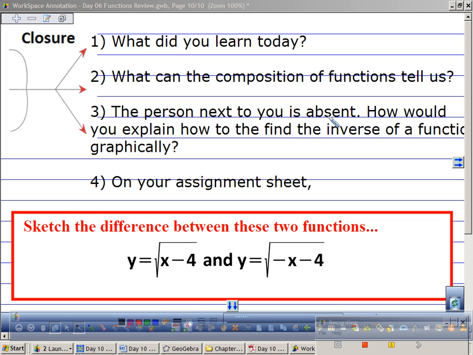How would you explain how to find the inverse of a function graphically? You're interchanging x and y. It's the same thing graphically as it is algebraically, right? You're interchanging x and y. That's all you're doing. Okay, on your assignment sheet, sketch the difference between these two functions for me. Sketch means a rough sketch based on your behavior of the graph, right? So go ahead and do that.